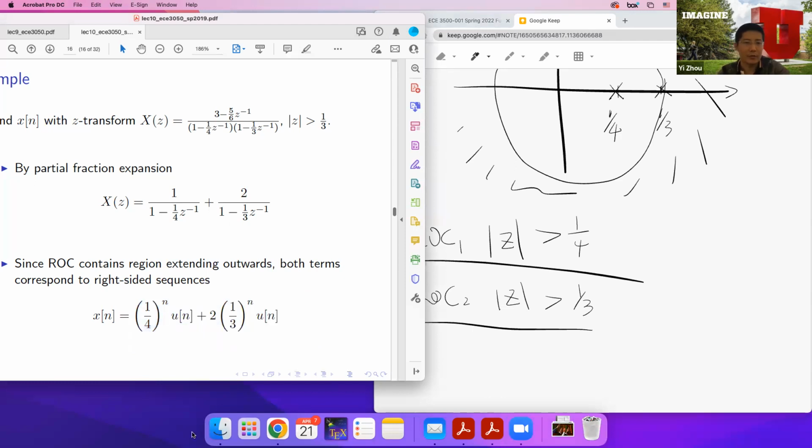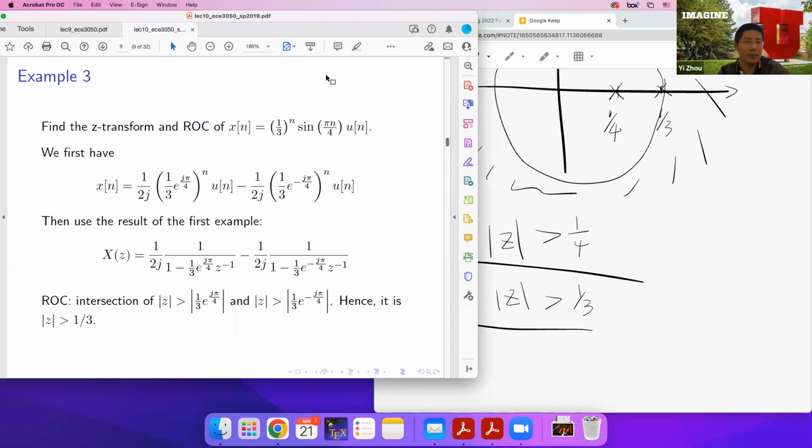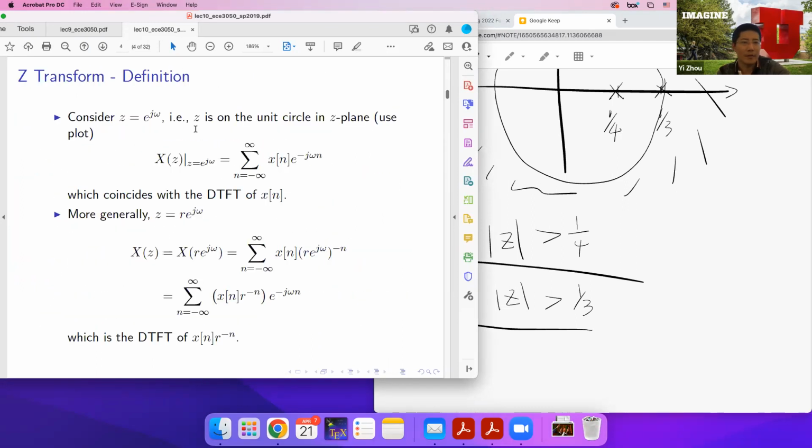We have a question. Is the Z transform a generalization of the DTFT? Yes. We have mentioned this at the beginning. So this is a general Z transform, where Z is a general complex number.